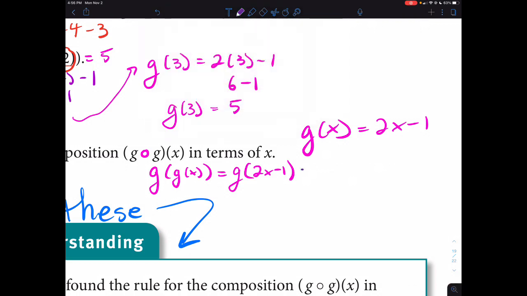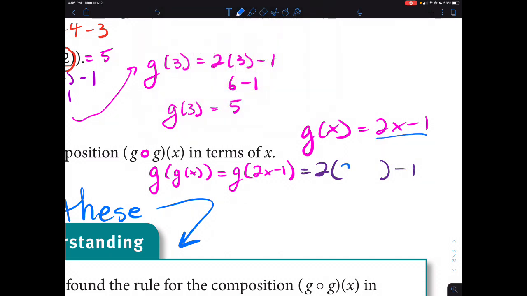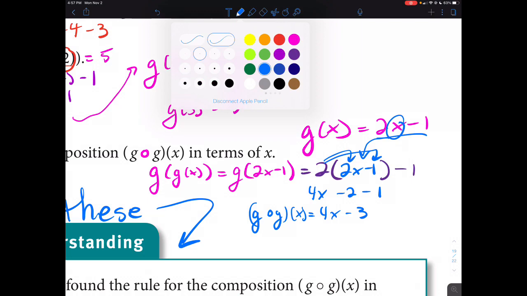And that's going to give us 2 times something. That something is going to be 2x minus 1. So I removed the x and I replaced it with 2x minus 1. So that's going to be 4x minus 2 minus 1, so 4x minus 3. So g of g of x equals 4x minus 3.